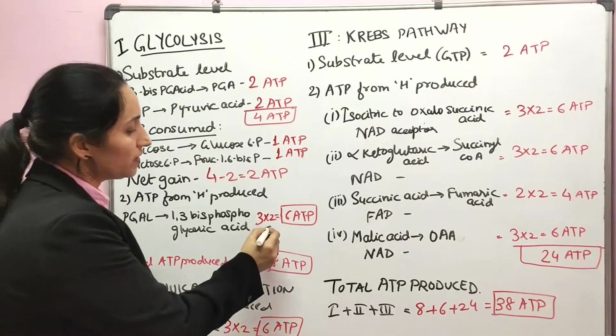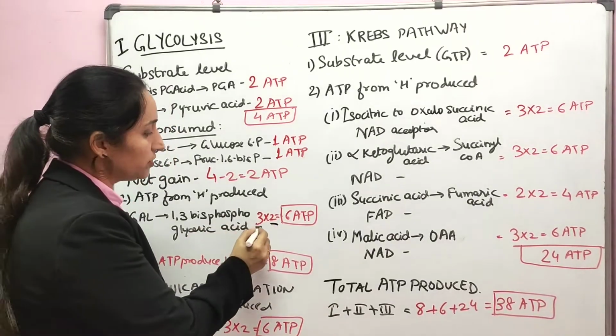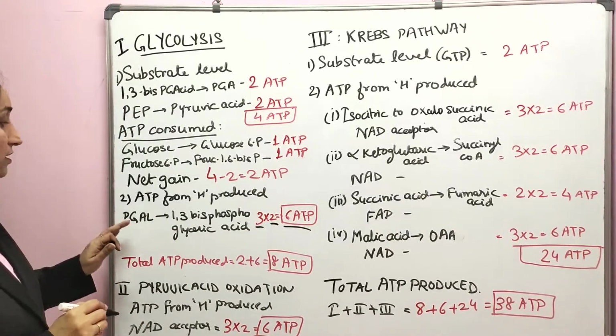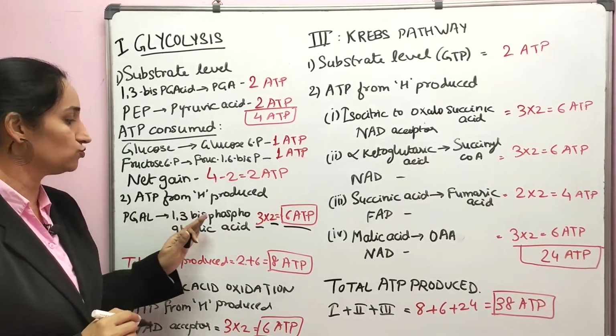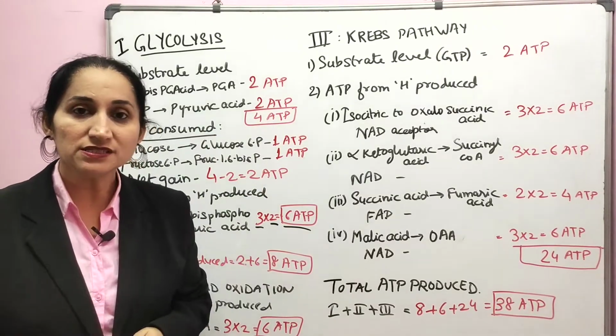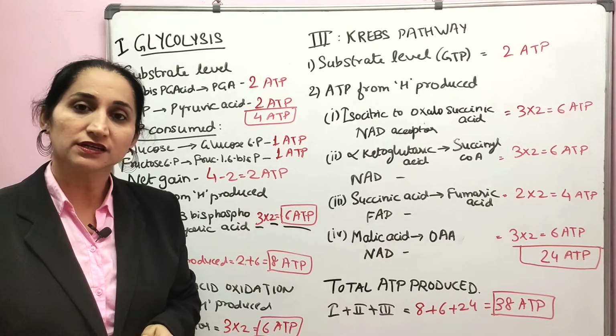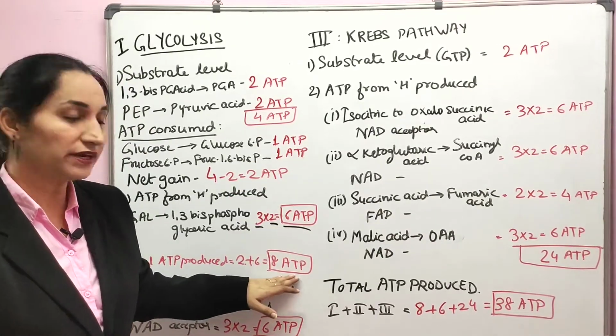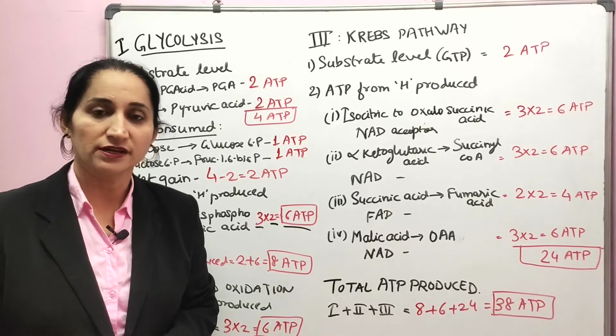So 2 NADH, 3 into 2, total 6 ATPs were produced at that stage. So total ATPs produced in glycolysis were 2 ATPs plus 6 ATPs, that is, total 8 ATPs.